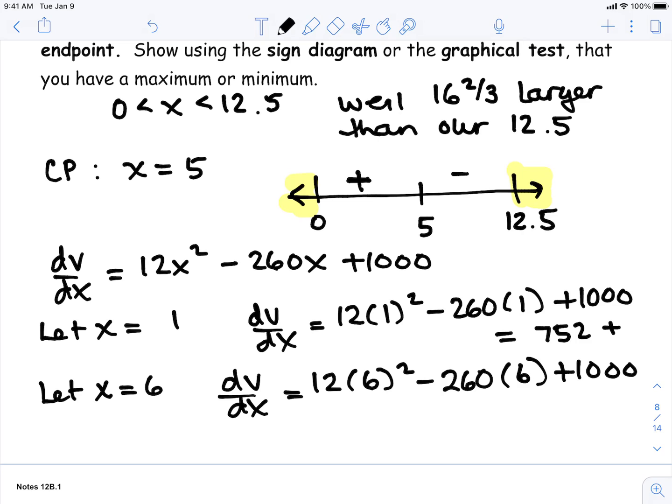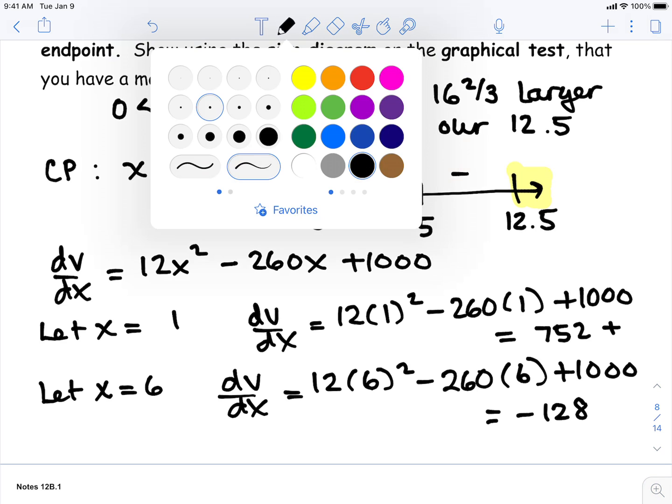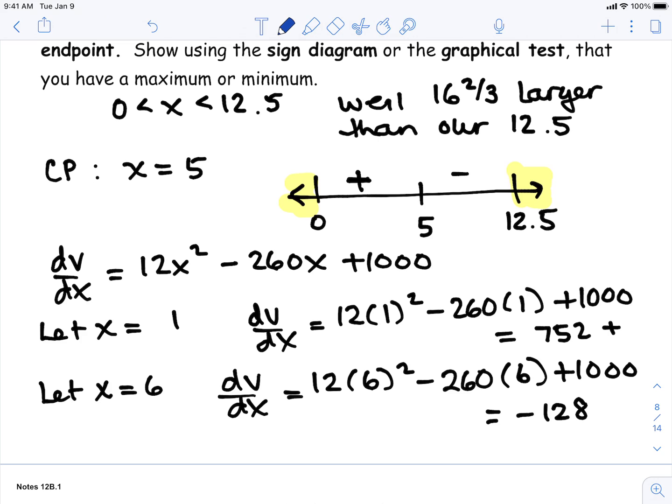And what we get is a negative value, a negative slope. So anything greater than 5 but less than 12.5 is going to be negative. So we're seeing a sign change going from positive to negative. So this has to be the max value for x.